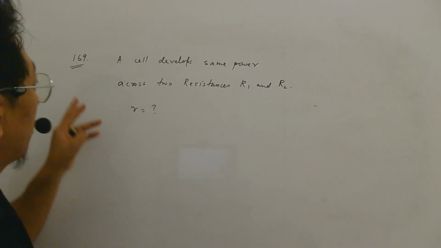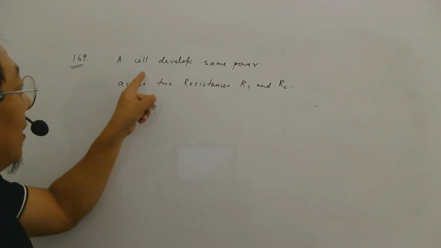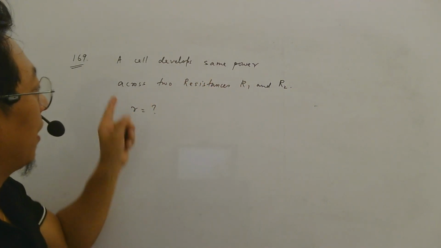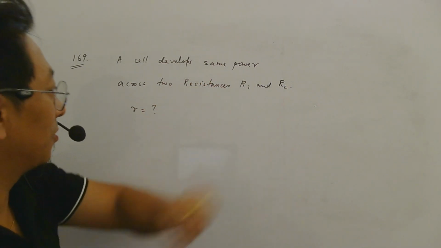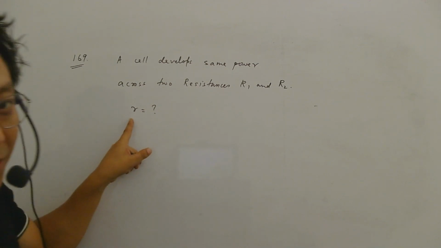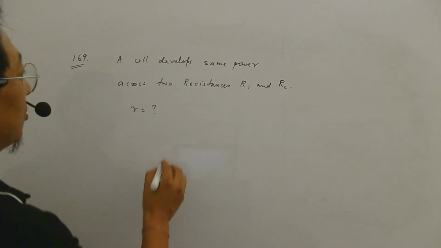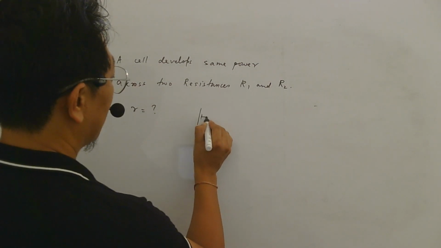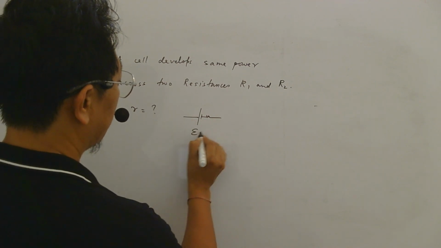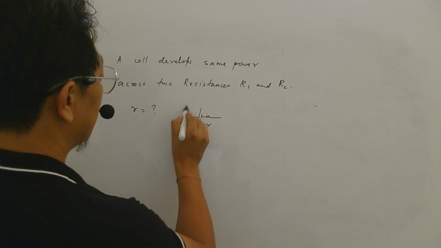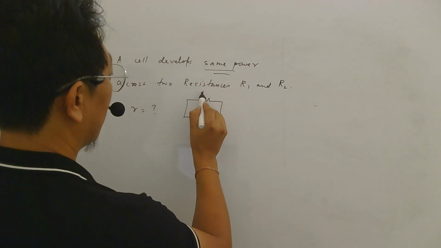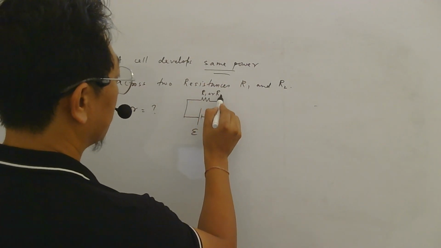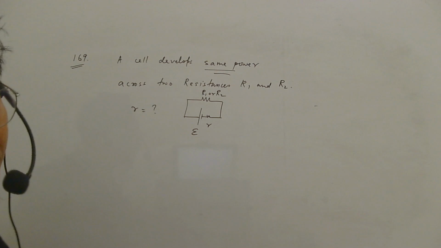So the next question 169, it says a cell develops same power across two resistances, external resistances R1 and R2. Find internal resistance. So if a cell which has EMF and internal resistance develops same power whether you connect R1 or R2, then how to find internal resistance?